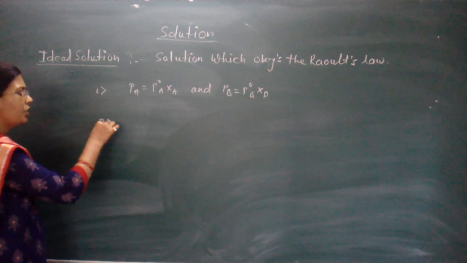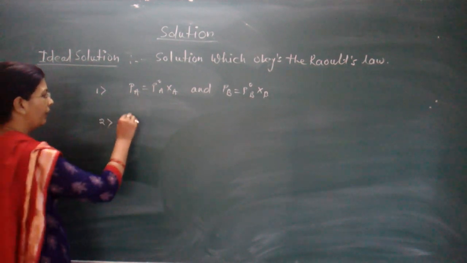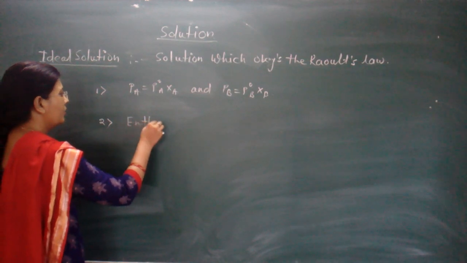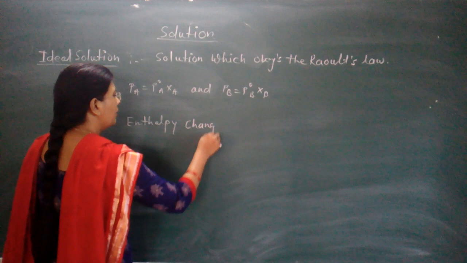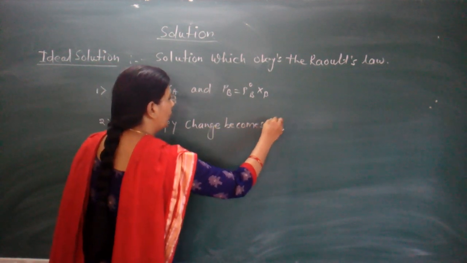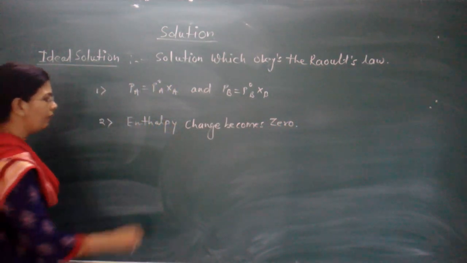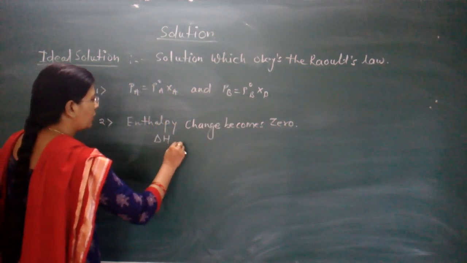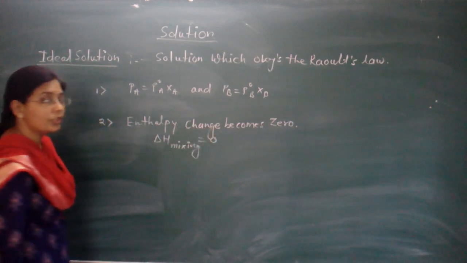Second, during the formation of an ideal solution, there is no change in the enthalpy. Enthalpy does not increase, does not decrease. So the enthalpy change becomes 0. That means delta H mixing equals 0.